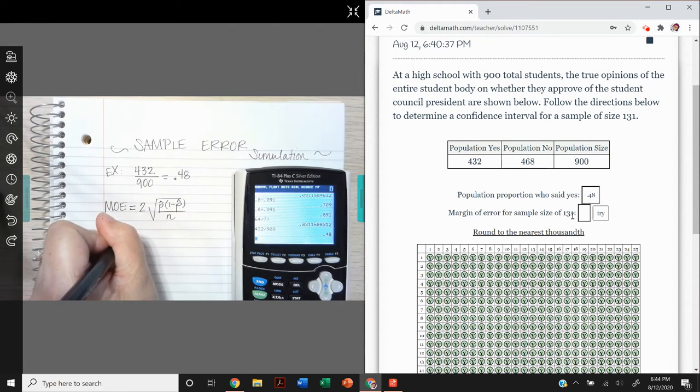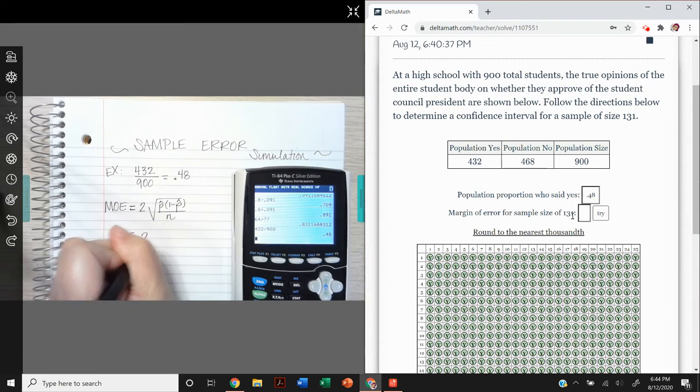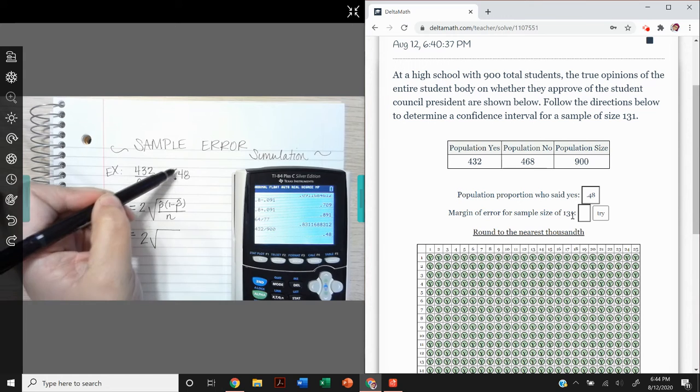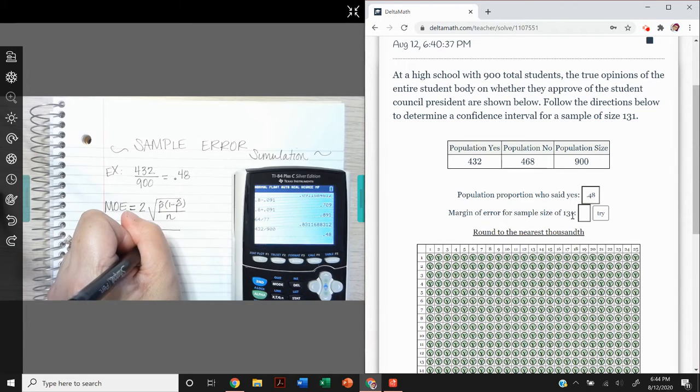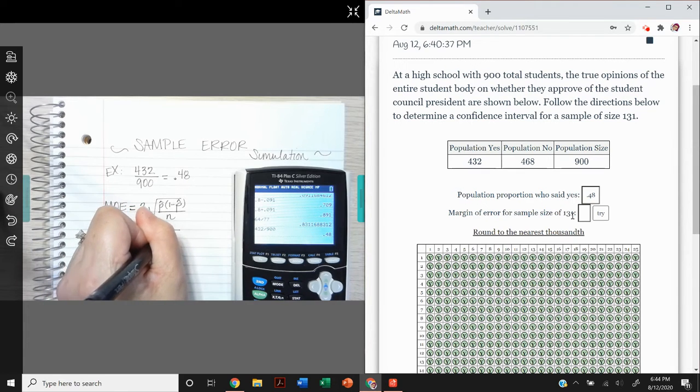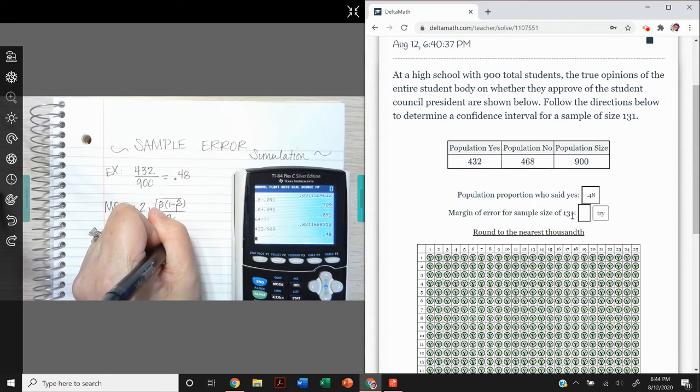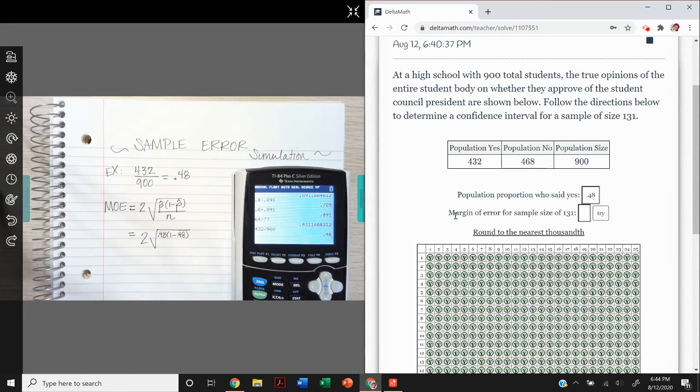So let's plug that in. 2 square root, so 0.48, that's the proportion of people who said yes. So 0.48 times 1 minus 0.48.